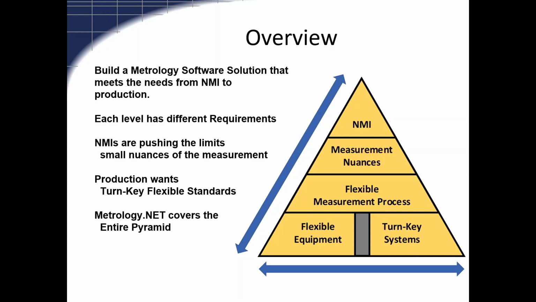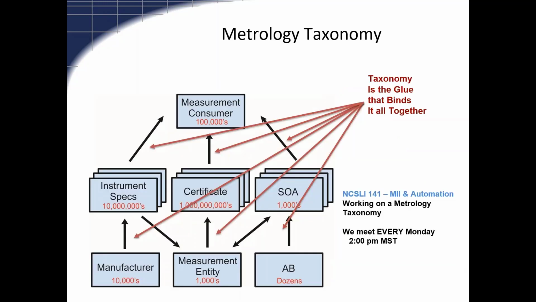Most of those NMIs are going to come back in and start customizing those turnkey systems to what their needs are. So each NMI out there has their own idea of how to do metrology and interchange things.